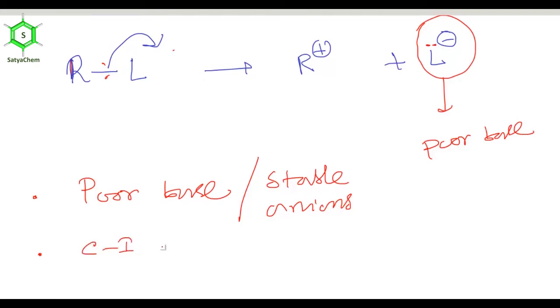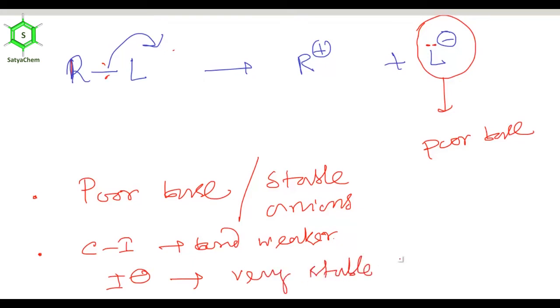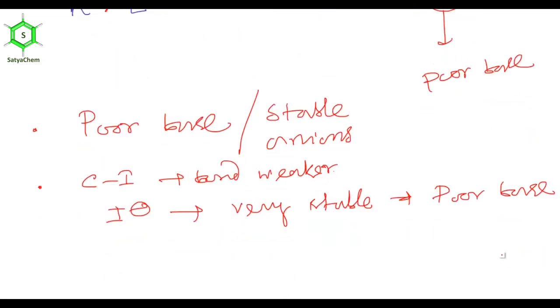The C-I bond is very weak, and I minus is very stable. Very stable means poor base. And why is it a poor base and very stable? Because the size of iodine is large, so one unit of negative charge is present on a large species, so the negative charge density is very low, and when charge density is low, it should be stable.